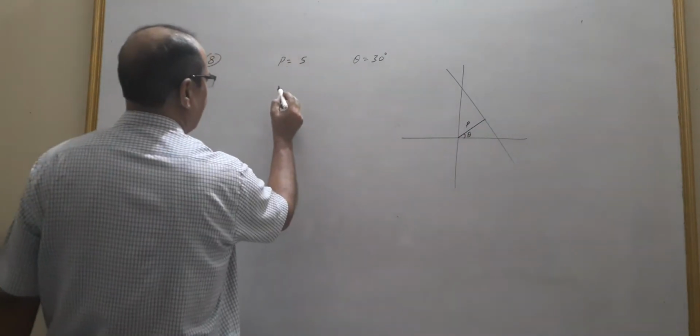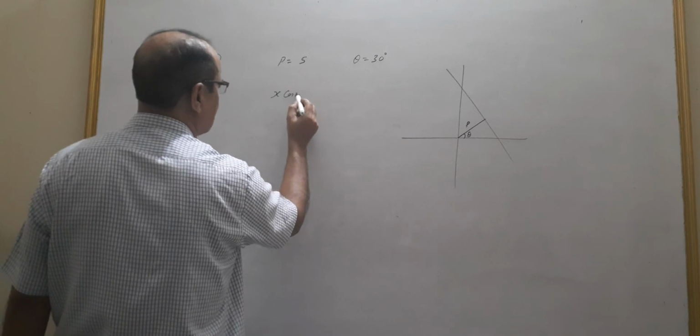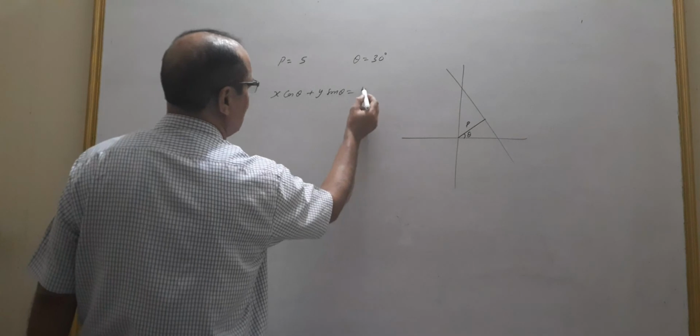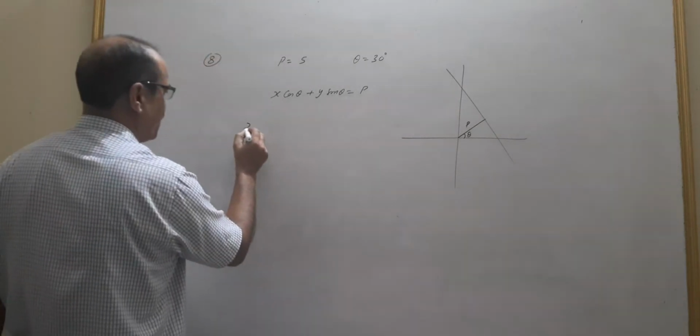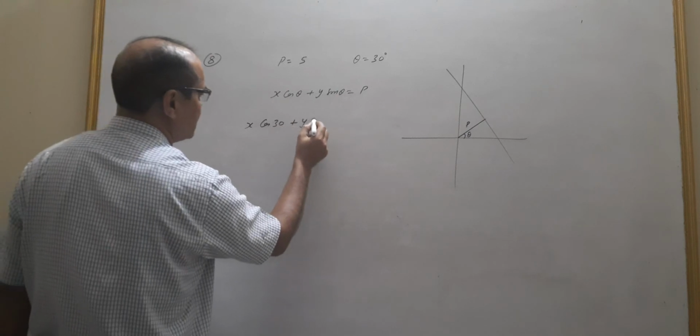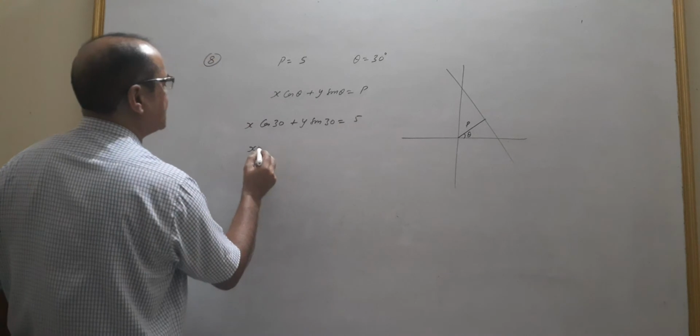So what is p? P is 5, theta is this, and the normal form, you know that x cos of the angle, y sin of the angle is equal to the distance p. So therefore what is this? x cos 30, y sin 30 is equal to p, which is 5. Now what is the value of cos 30?